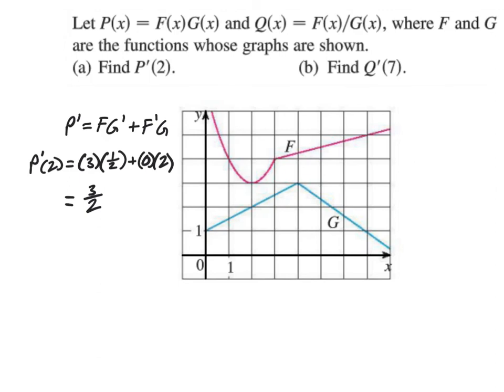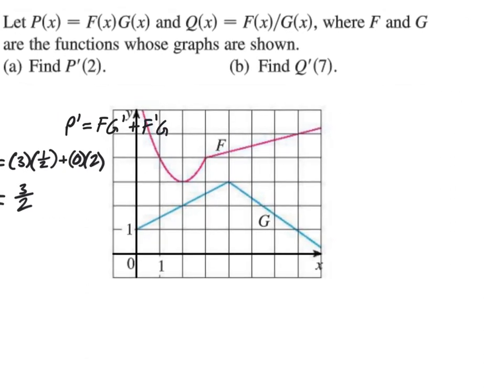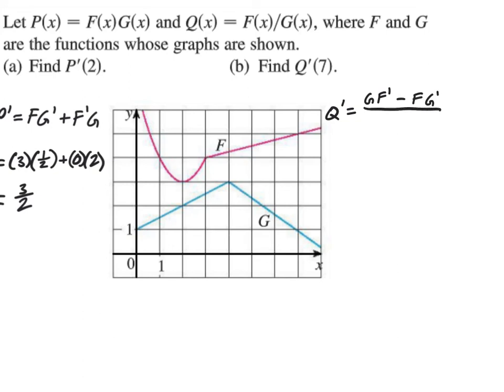All right, next step, we're going to head over and we're going to do the Q one. All right, so for Q, we have to use quotient rule. So Q prime is going to be our low D high minus high D low all over the square of what's below.